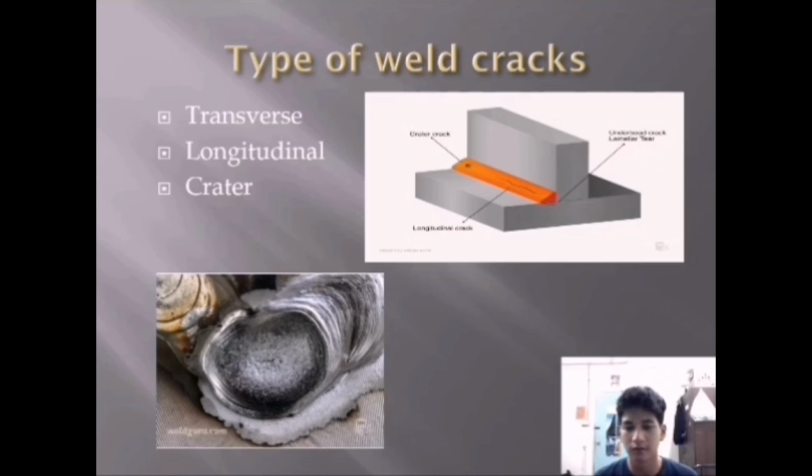So in the diagram here, it shows a transverse crack. It will happen on the line straight down with small lines here. So that is a transverse crack. And the second one is longitudinal cracks.